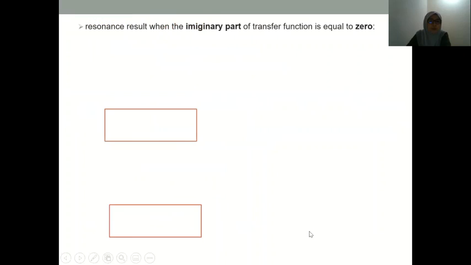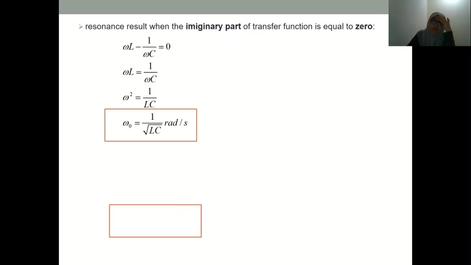Resonance says that the imaginary part of the transfer function is equal to 0. So we equate the imaginary part, omega L minus 1 over omega C, to 0.